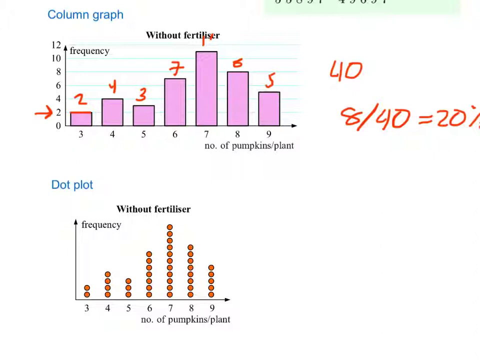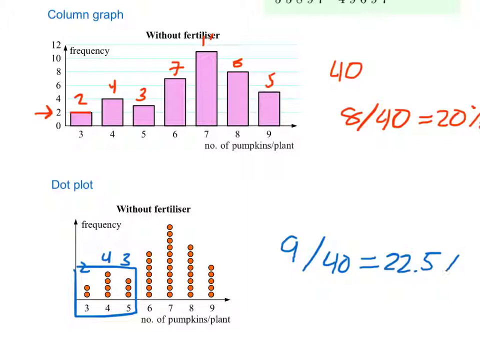For example, if I wanted to know how many plants produced 5 or less pumpkins, I could add up the number of dots, which in this case is 2 plus 4 plus 3, or 9, and divide by the total number of dots, which we know is 40 from the previous column graph, and figure out the percentage, which is 22.5%.